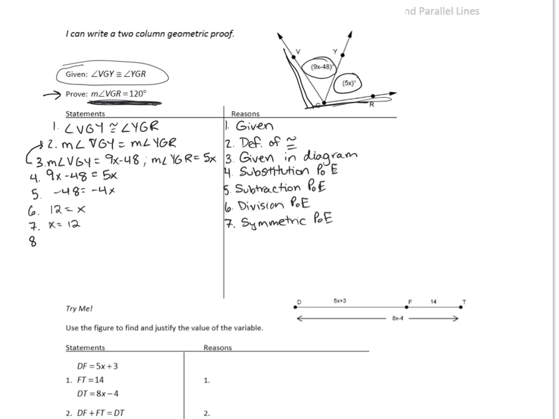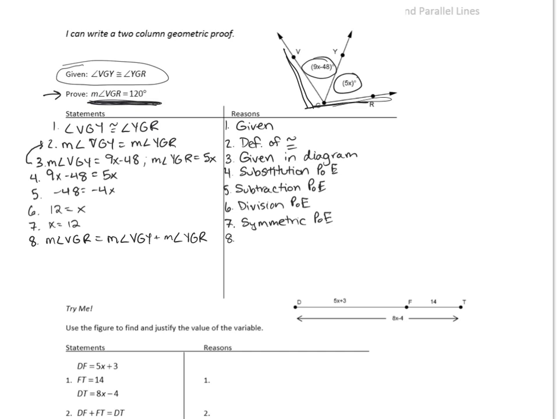So for number 8, I'm going to write down the angle addition postulate, that the big angle, the measure of angle VGR, is equal to part plus part. So measure of angle VGY plus the measure of angle YGR.